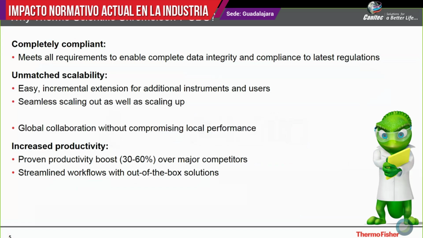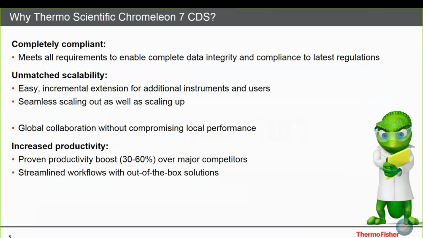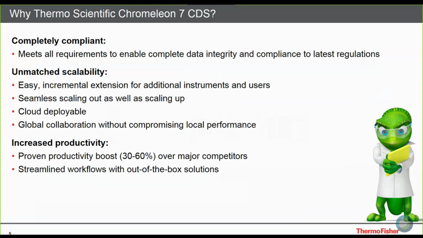Okay, so also this global collaboration. If you have sites in different countries, in a single enterprise architecture, you can share data and you can have great performance across that. There are considerations for your network, but generally that's what we can offer. Also, cloud deployable.